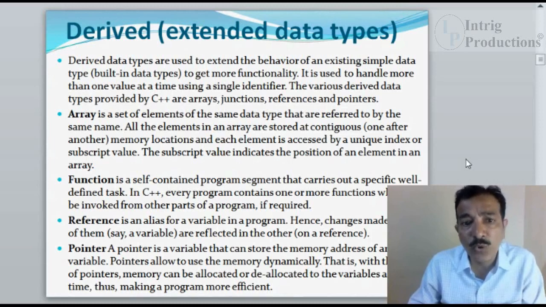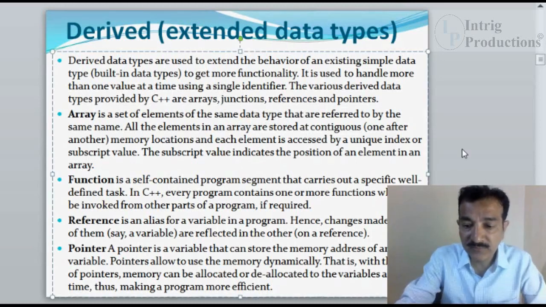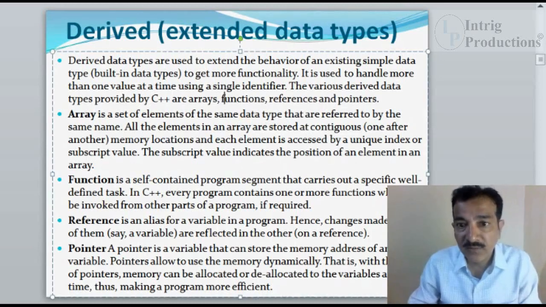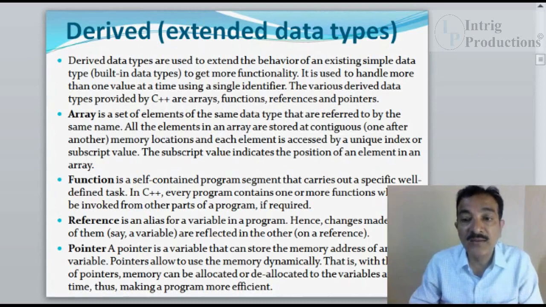It is used to handle more than one value at a time using a single identifier. The various derived data types provided by C++ are arrays, functions, references and pointers.